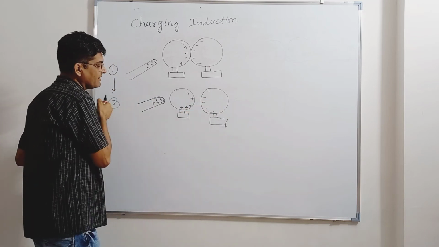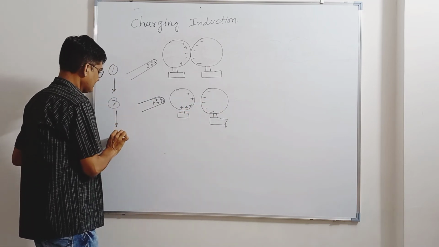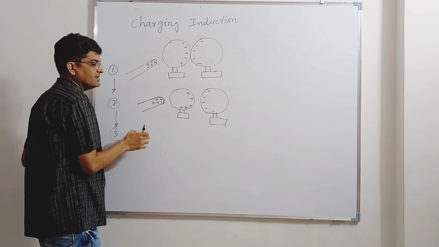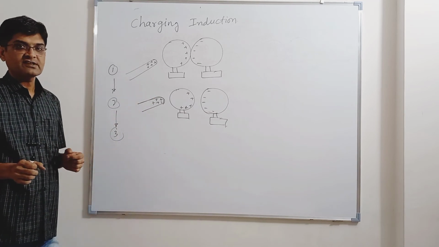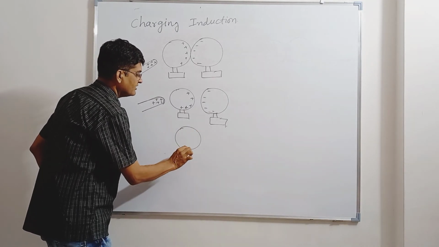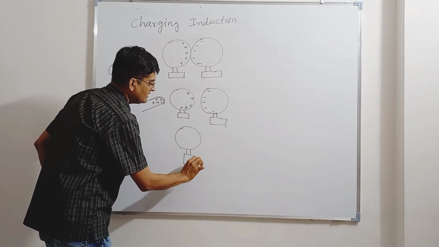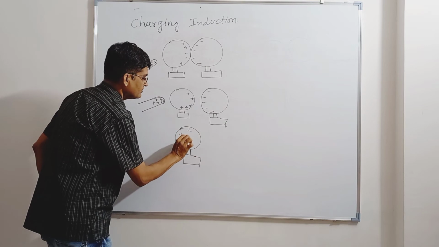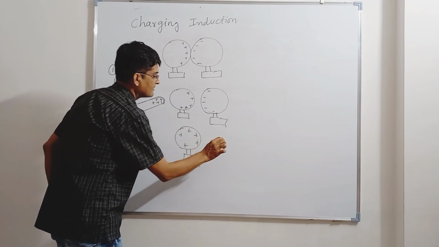Right? Now suppose in the third step I take away the agency, this glass rod which has caused it, then still the charge is going to be there on both the spheres, but now it will be equally distributed over the whole surface.